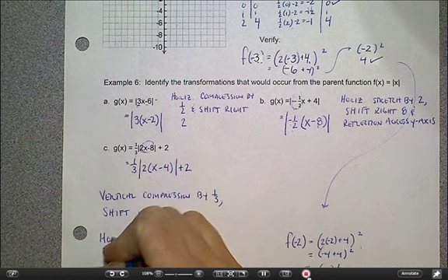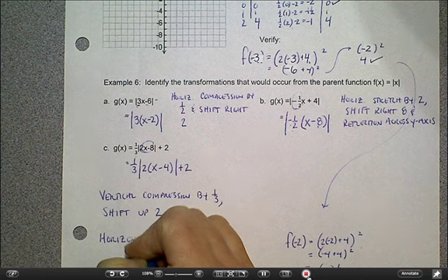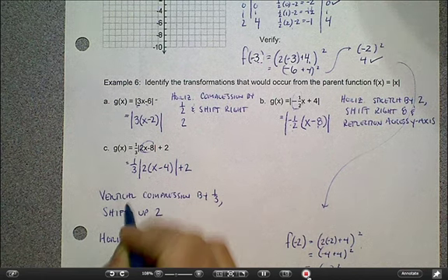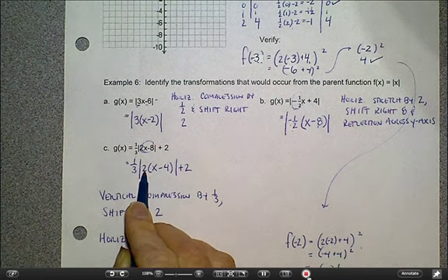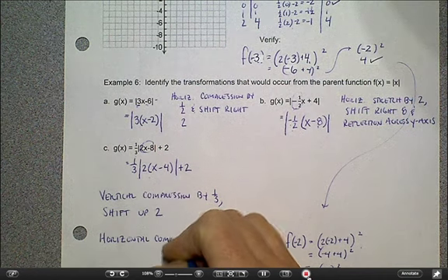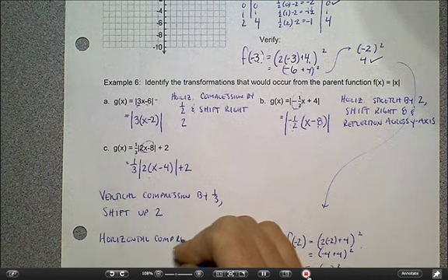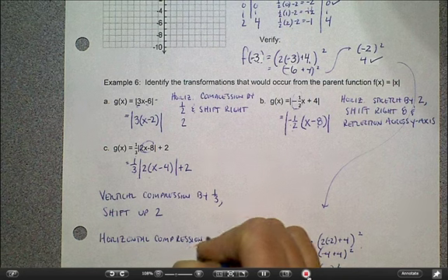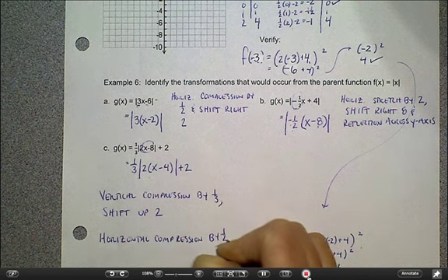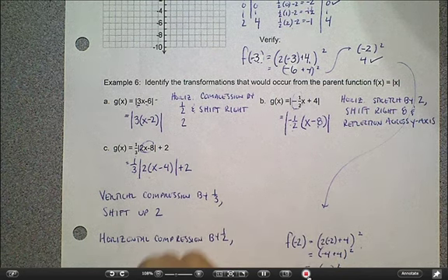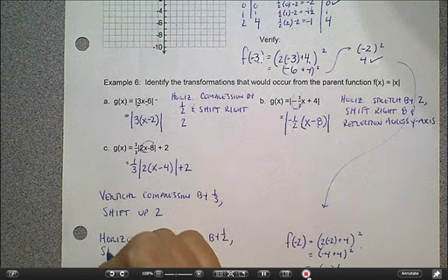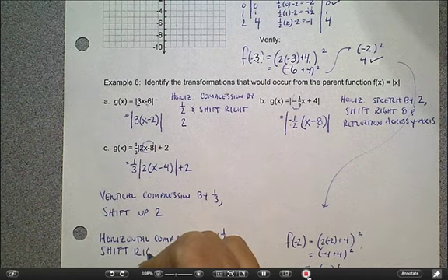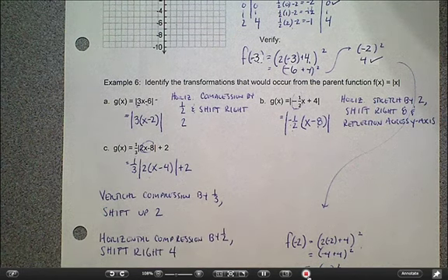And then horizontally, it's going to be a horizontal compression by 1/2. Just realized all my shifts were the same way for horizontal. Shift right 4.